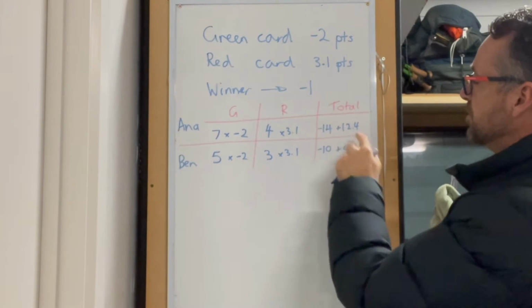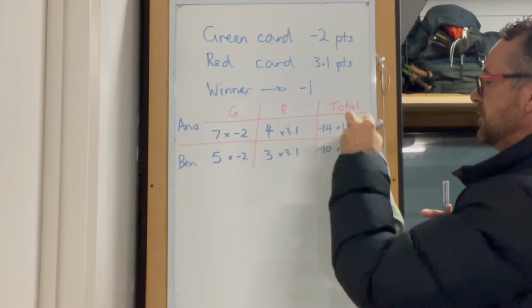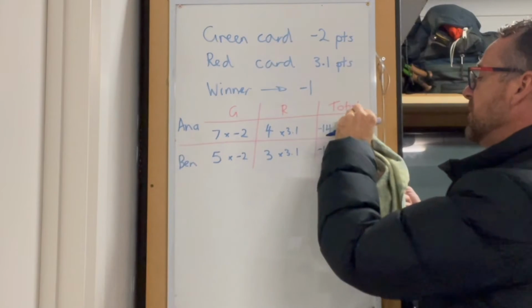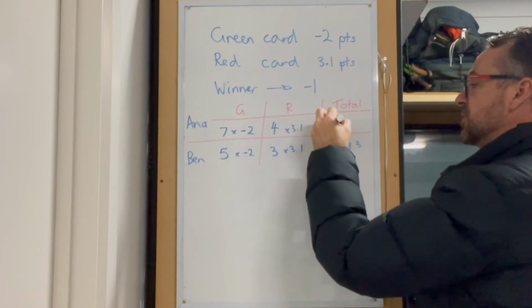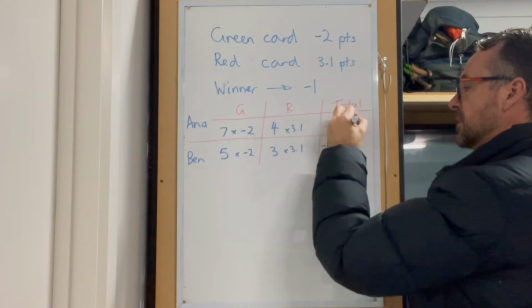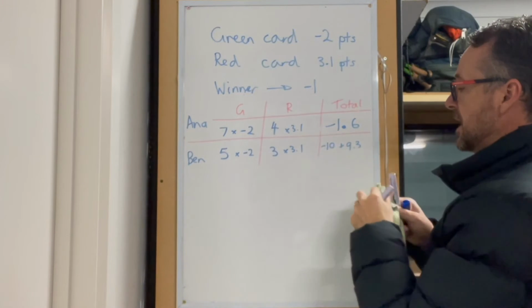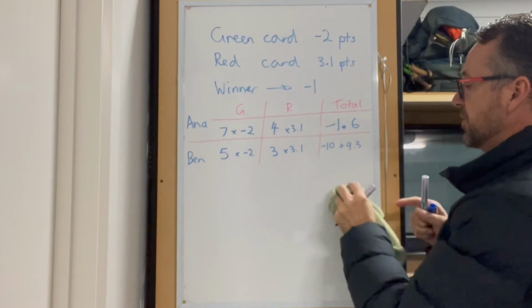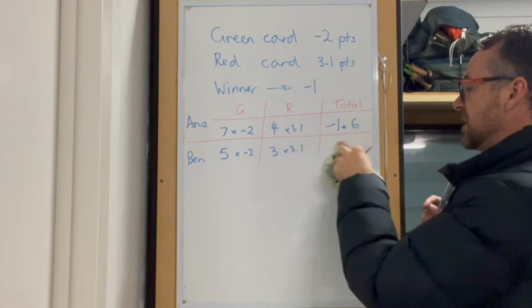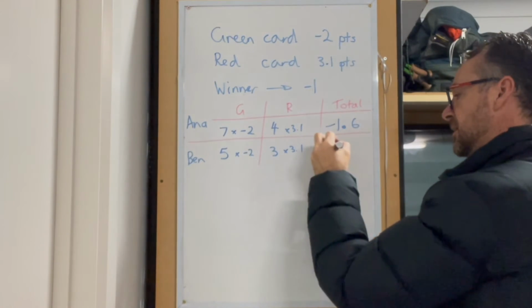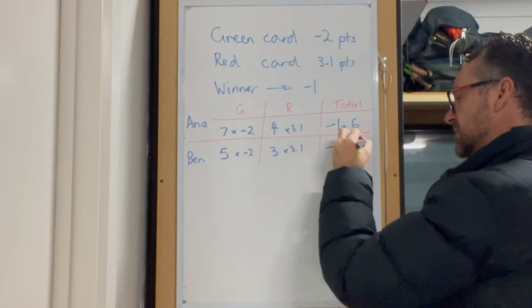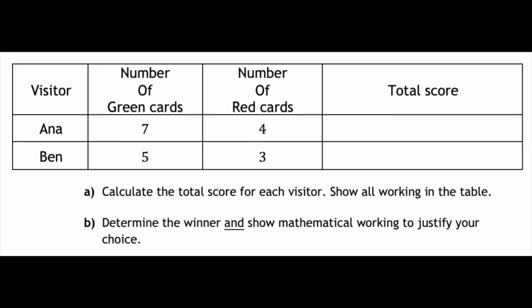So -14 plus 12.4. Now I'm just going to rub this out because I'm running out of space. That's going to give us -1.6. And then -10 plus 9.3 is going to give us -0.7.